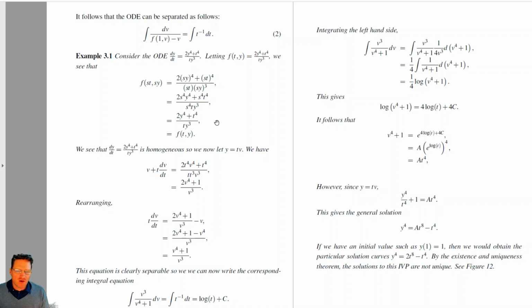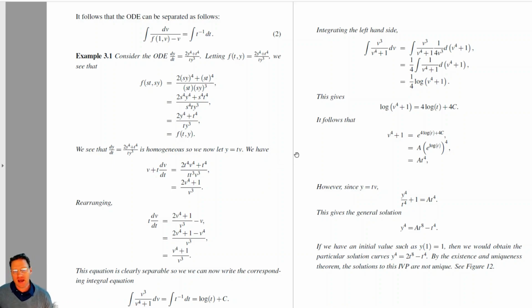Doing so, we find that we actually have the original f of t comma y. So we've established that f of t comma y is the same as f of st comma sy. So the equation is homogeneous, and we can continue and use our techniques for solving homogeneous equations.